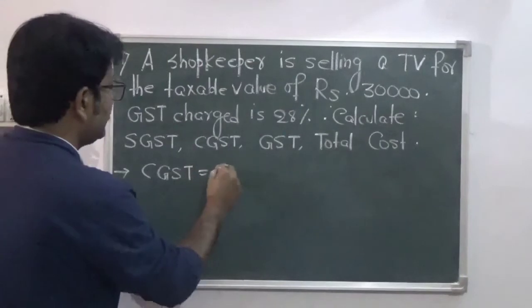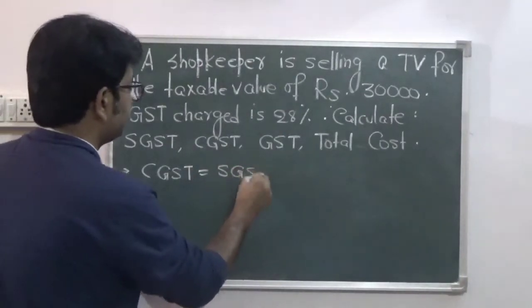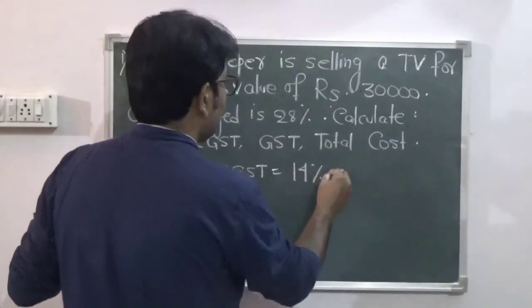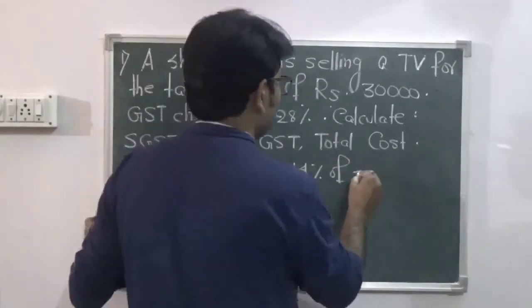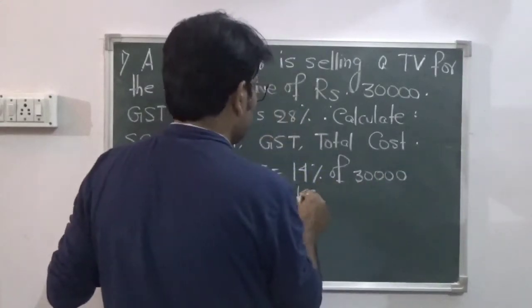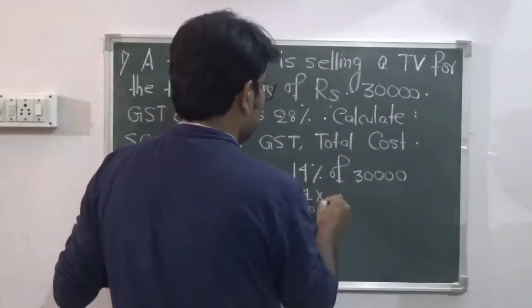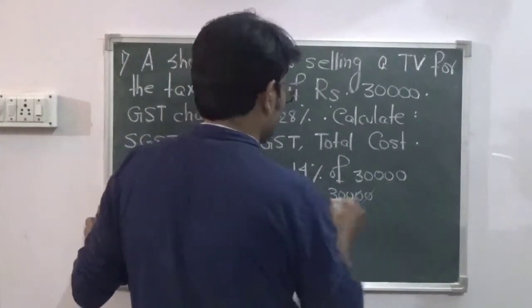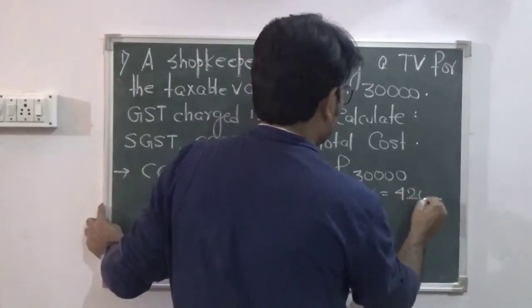So CGST will be equal to SGST, which will be equal to 14% of 30,000. That will be 14 by 100 into 30,000. So it is 4,200.